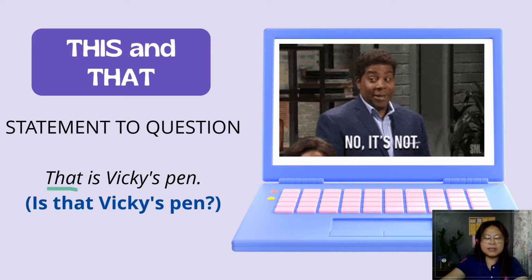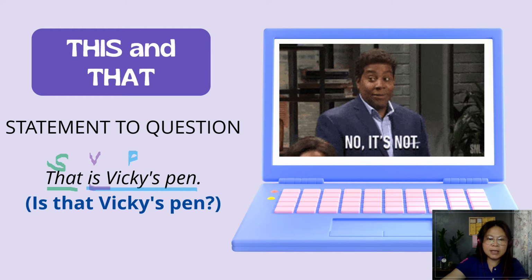Okay, the same with this example. That is Vicky's pen. So that is the subject. Is Vicky's pen is the predicate. Is is the verb.